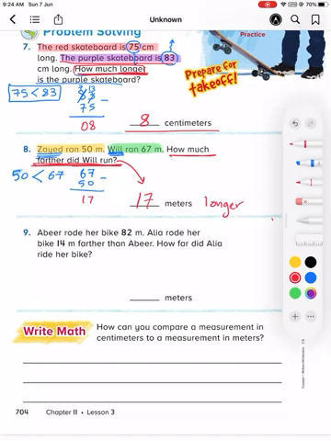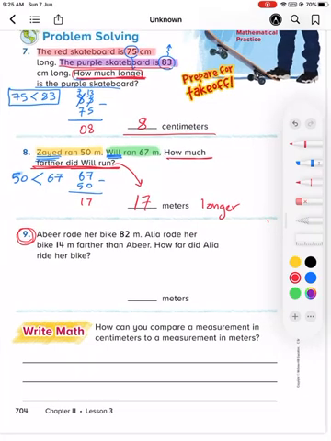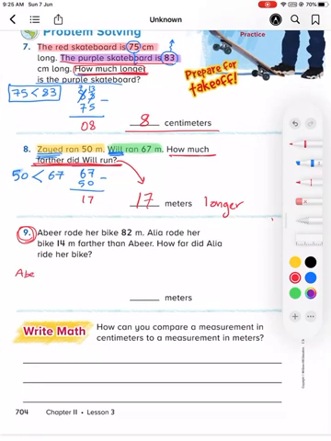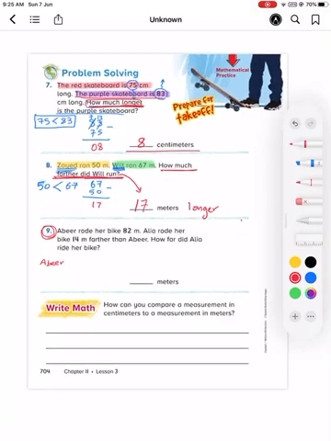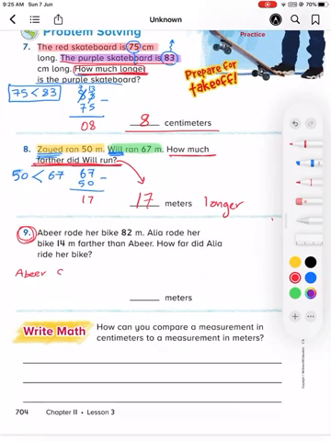The last question is a little bit tricky, but I like it. Abir rode her bike 82 meters. So let's write this information here. Abir rode her bike 82 meters. How about Alia? They told us that Alia rode her bike 40 meters further than Abir.